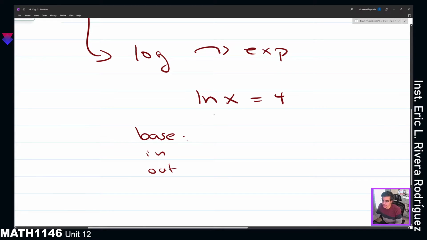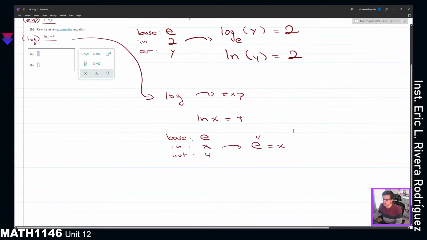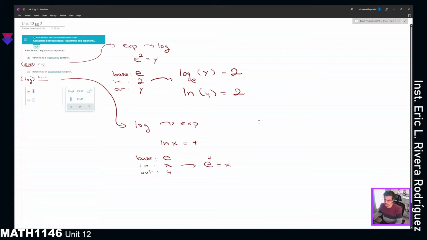The base, ln, is the same as log base e, so the base is e. The input is x, the output is 4. We do the inverse. We start with the base, the output becomes the input, e raised to the power 4 equals x. That's how you reach the conclusion.